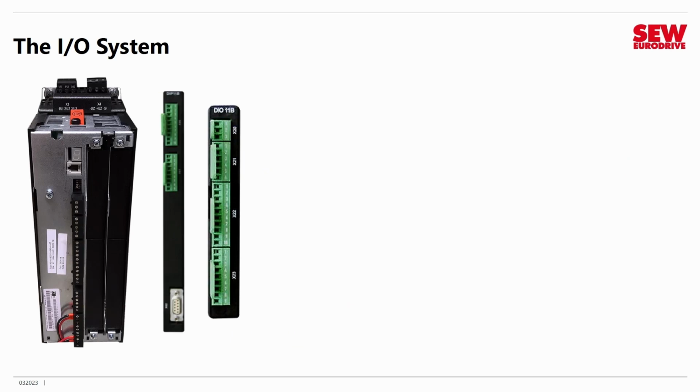Now, what about the I/O system, the input-output system? As you know, MOVIDRIVE B has built-in I/Os, but you can also expand those by putting cards in there, like the DIO11B, which gives you some extra inputs and outputs. And there's also an encoder card that has an SSI encoder on it and also has some extra I/O. How's I/O handled?